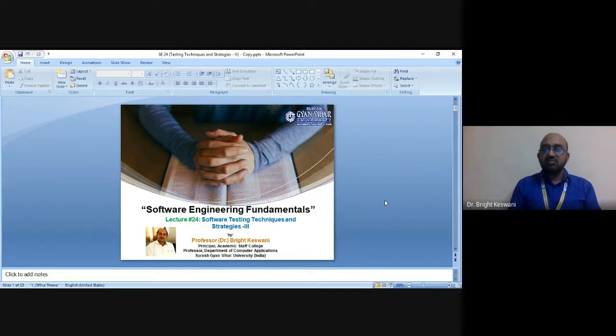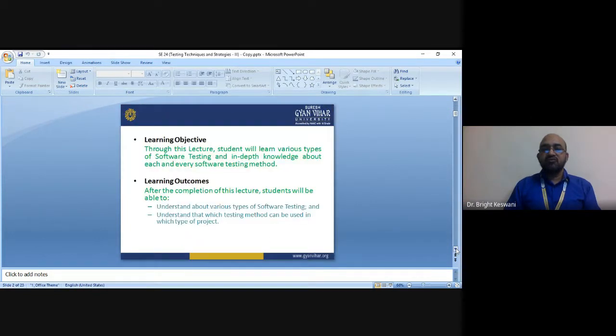In today's lecture, we will discuss all main types of testing. These are some learning objectives and outcomes of this lecture. Through this lecture, you will learn various types of software testing and in-depth knowledge about each and every software testing method.